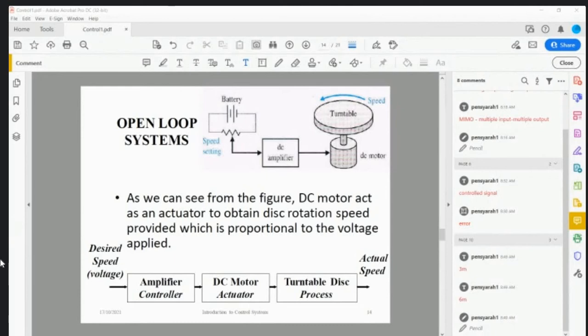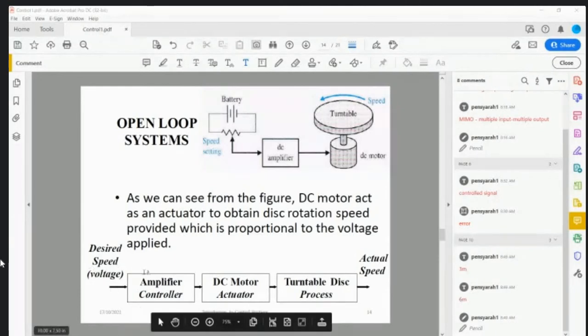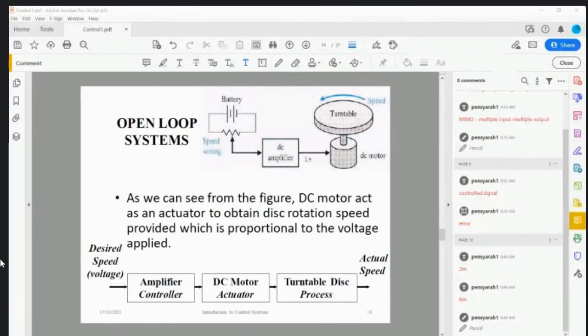All right, so this is the open loop system. You can see from the block diagram, it is just an on-off system, which is open loop. There is no feedback there. When there is no feedback, we don't know the actual speed of the turntable. We only supply the voltage to the DC motor.